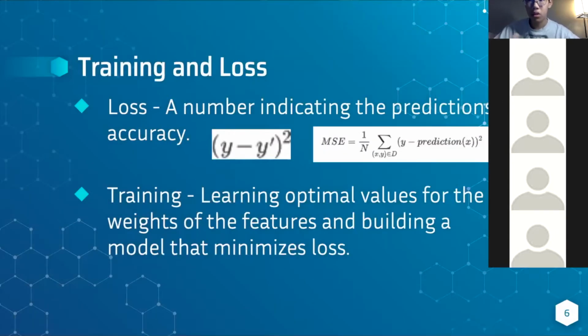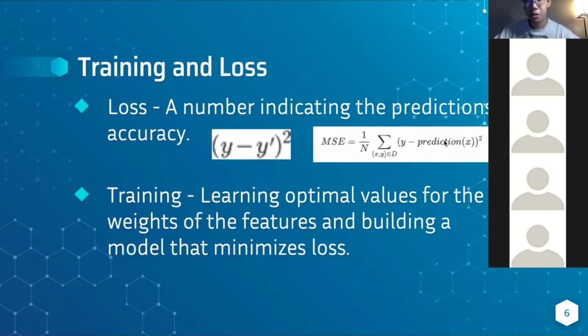Something that's also very important for machine learning is training and taking care of the difference between our predicted value and the actual value. Loss is the term that describes that. Loss is a number indicating the prediction's accuracy. The formula might seem a little confusing, but I'll try to explain.